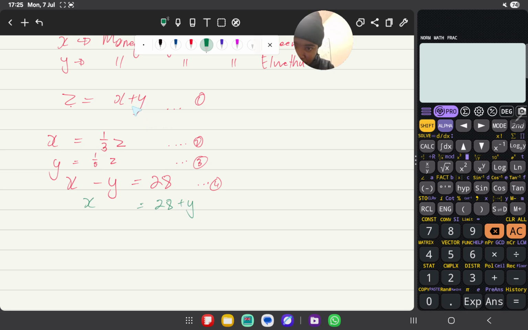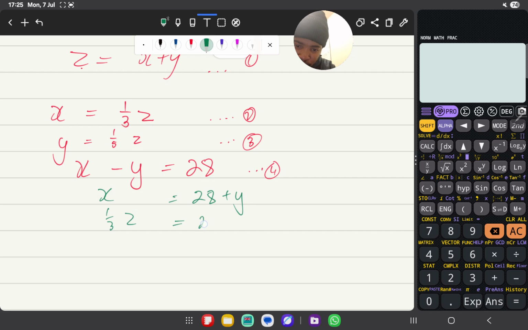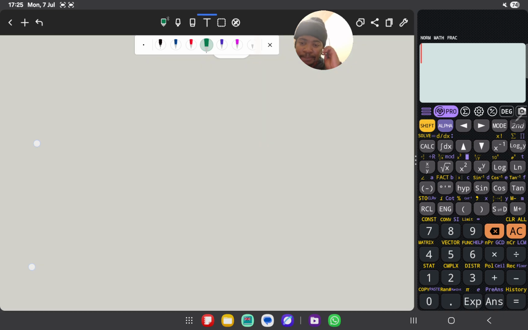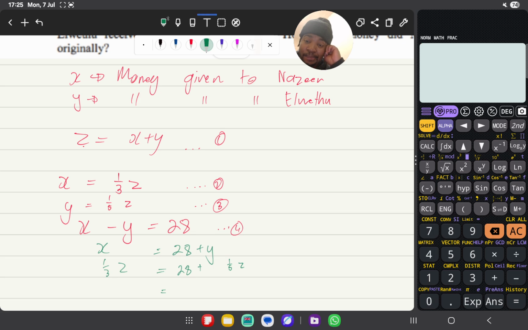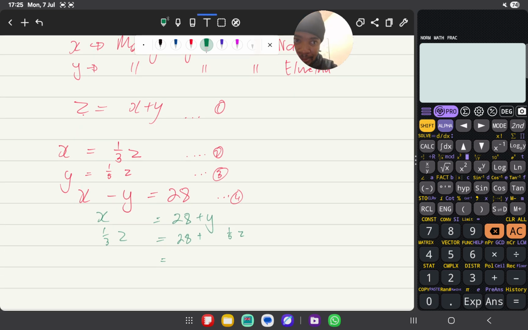So I'm going to have 1 over 3 z equals 28 plus 1 over 5 z. Then this is more, so let's transpose.